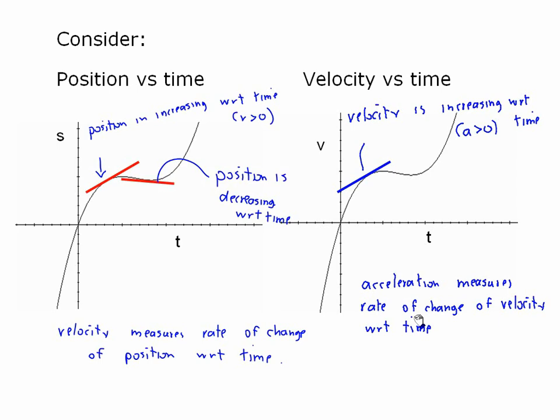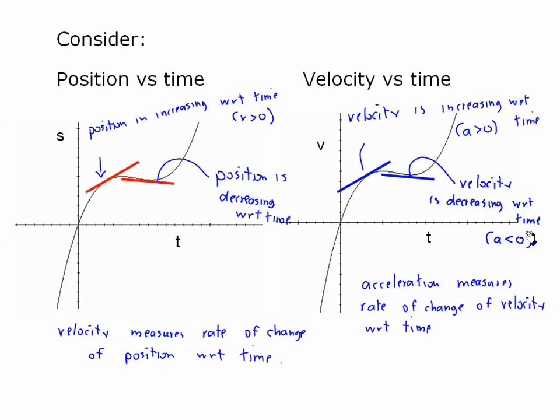And then if you had a negative slope of the tangent line, we would say that the velocity is decreasing with respect to time. So in this case, acceleration is negative.